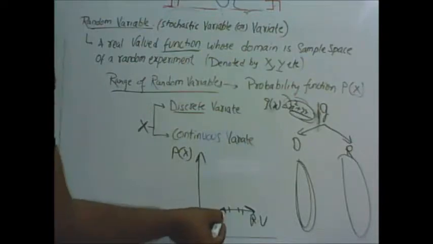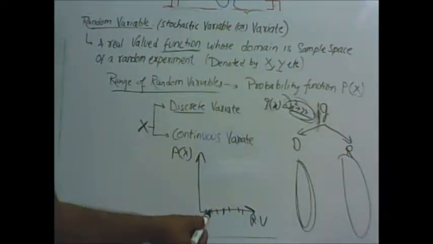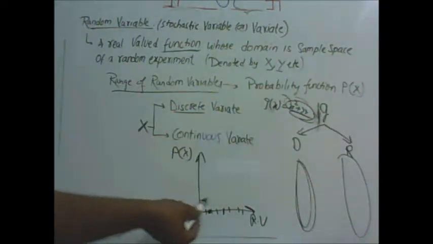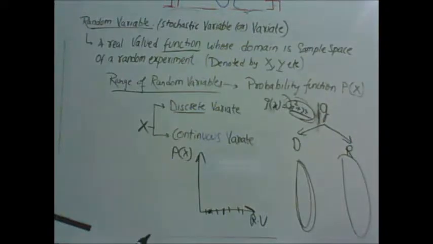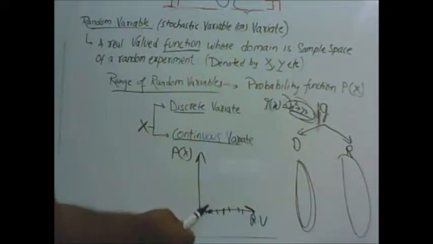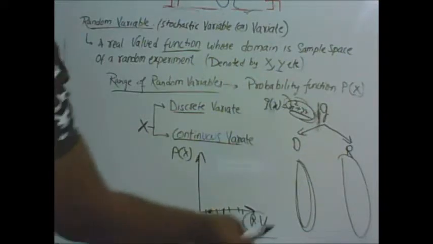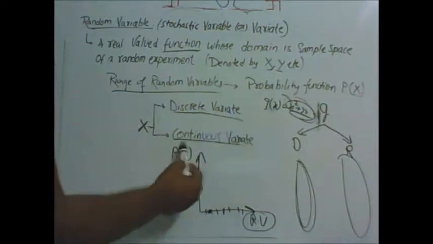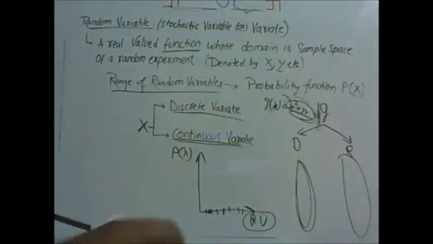If we are giving an interval, and in between values also it is able to take, such as between 1 and 2, 1.1, 1.2 also, then that is a continuous variate. So depending on what type of values the random variable can take, it is classified as a discrete variate or a continuous variate.